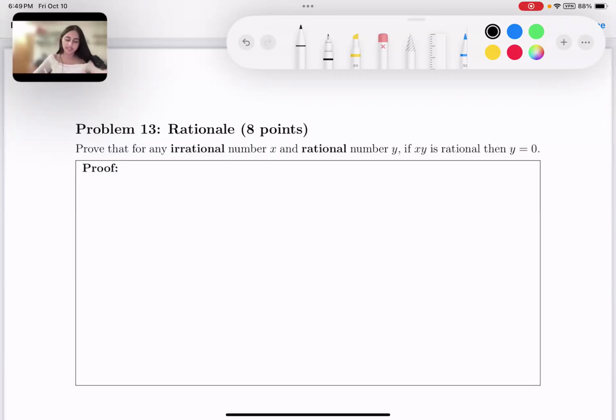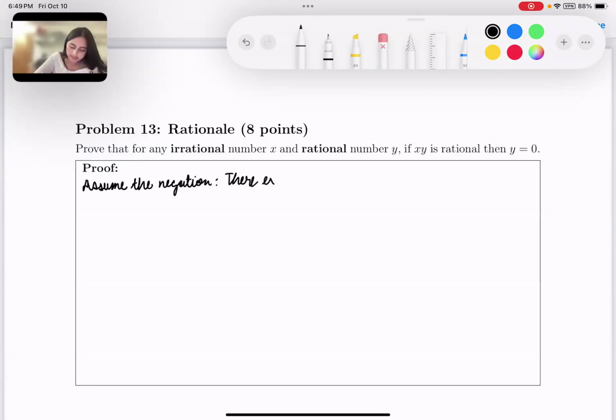So in order to start a proof by contradiction, we're going to start by assuming the negation. Let's assume the negation is true.